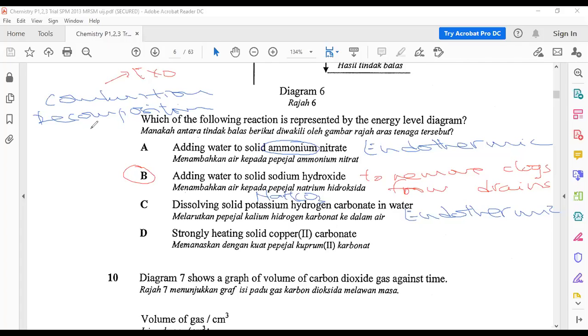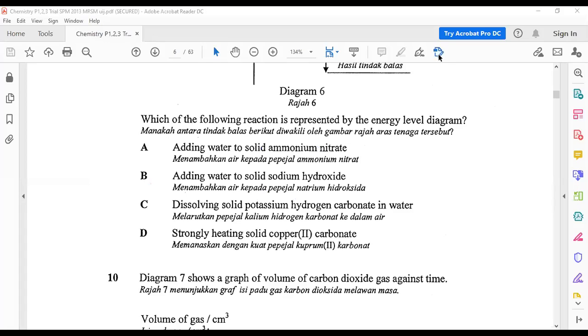But when we are talking about chemical decomposition, where you are heating the copper 2 carbonate, when you write the chemical equation, you don't show plus O2. No. This one should not be here. So this is decomposition. Now what we are going to get is the copper 2 oxide and carbon dioxide. Okay. That's why B is your answer.